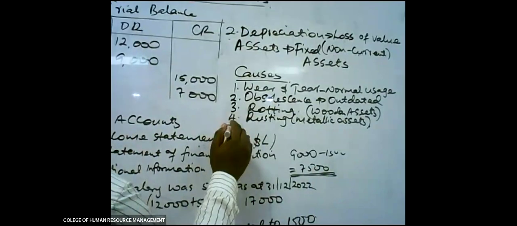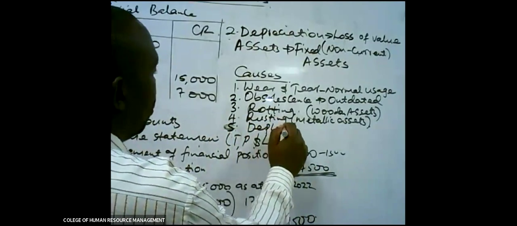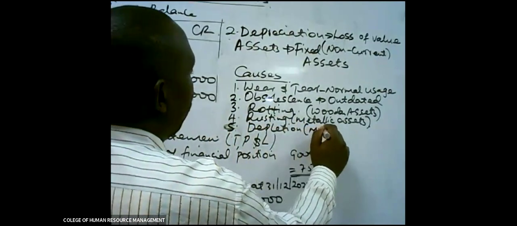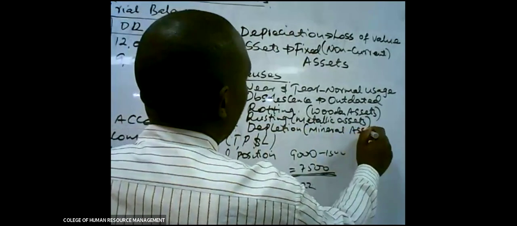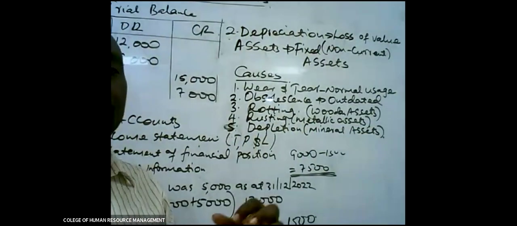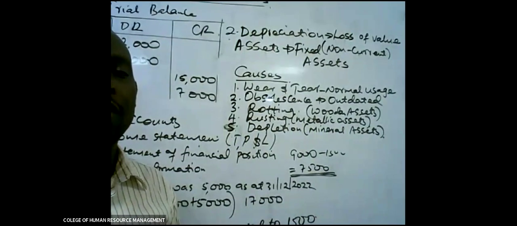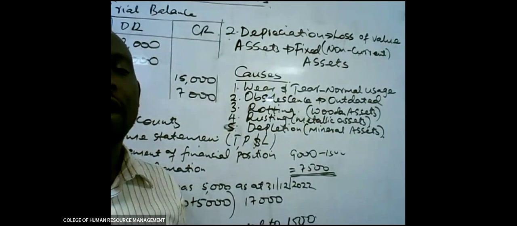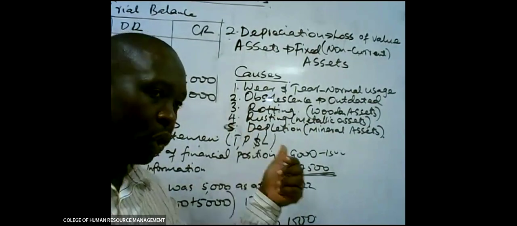And lastly, number 5, it is all about depletion. This normally affects what we call the mineral assets. Depletion. So as we extract the minerals, the quantity reduces. As the quantity reduces, the value of the minerals that we had also reduces due to depletion.